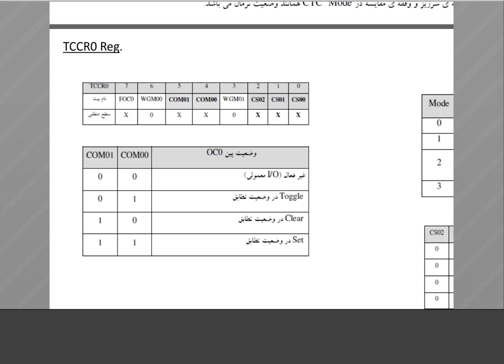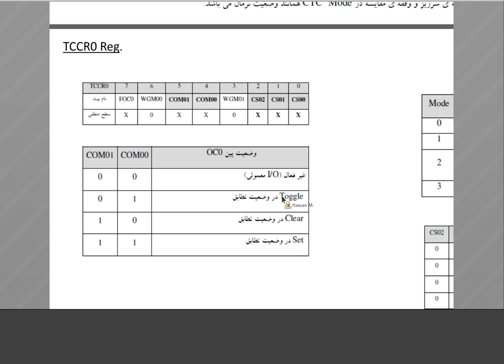That means port B.3 is not OC; it works as a normal pin. Not working, disconnected. OC is disconnected from the timer. Inactive.